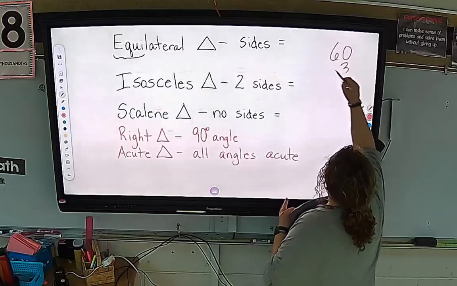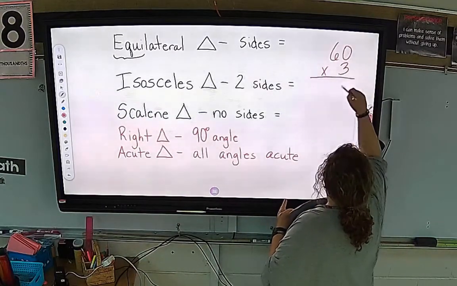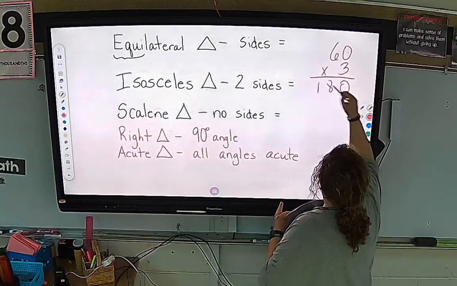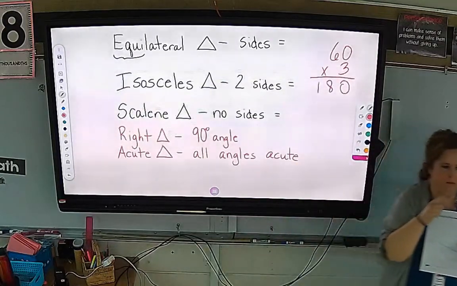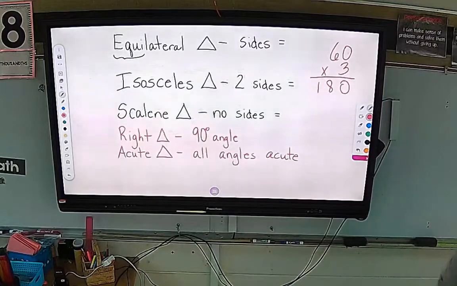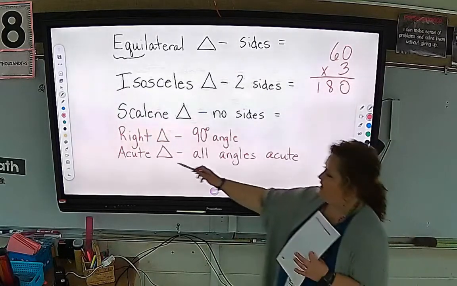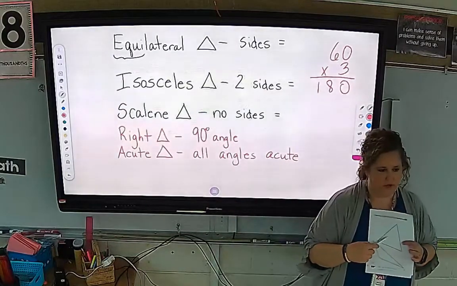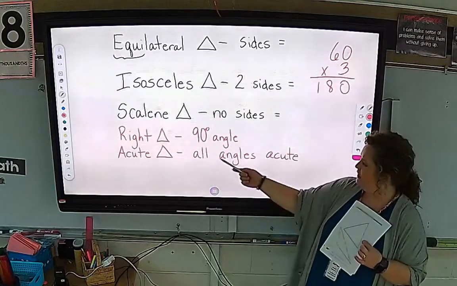Remember all the angles inside a triangle equal 180 degrees? 60, 60, and 60. They're all acute. That triangle A was an acute triangle. All of the angles are acute.